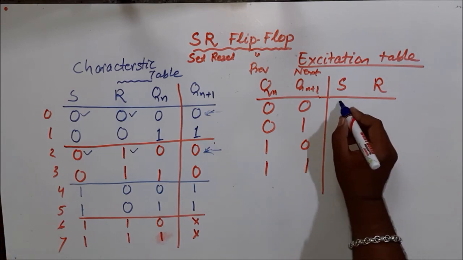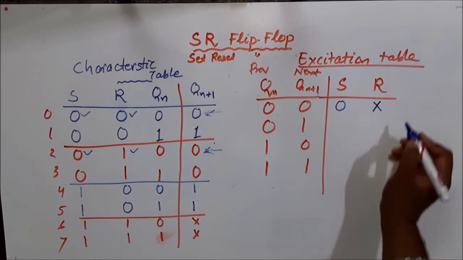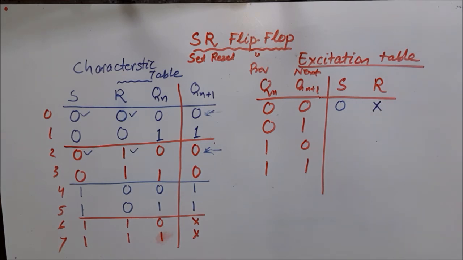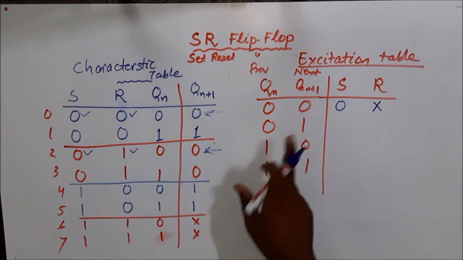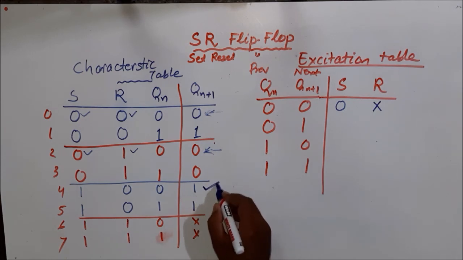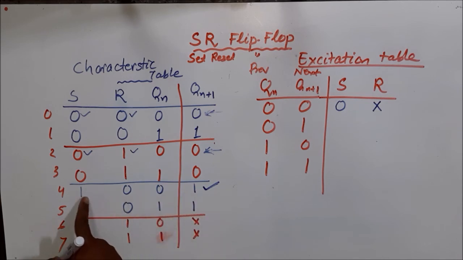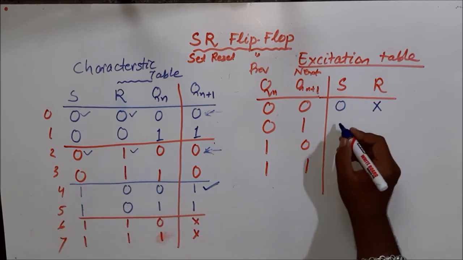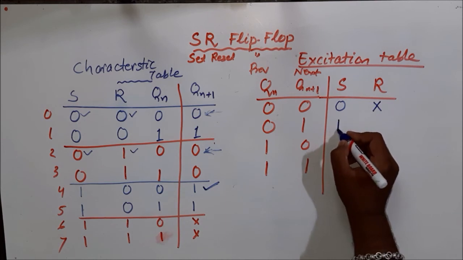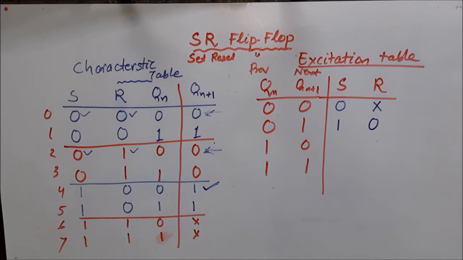So we can write S is 0 and R may be 0, may be 1, so don't care. Likewise, if you want to find 0 1, I can get it from here. So only one condition: for that my S should be 1, R should be 0. Clear?